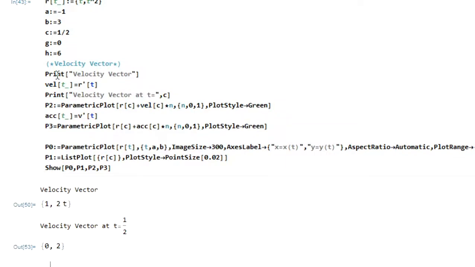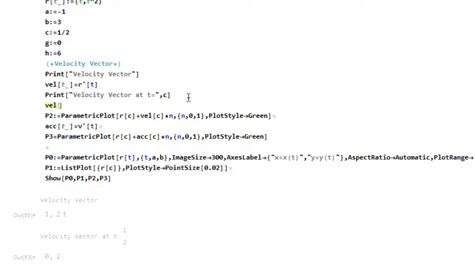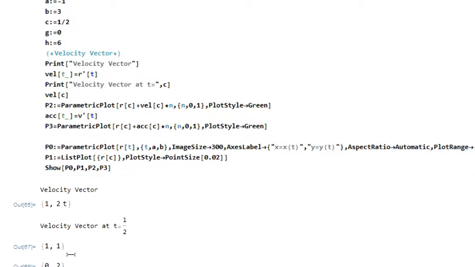It says the velocity vector at t equal to 1/2 is, and then what we might follow that with is just our velocity description at c, and it would be 1, 1. Right? We then had the plot of that.